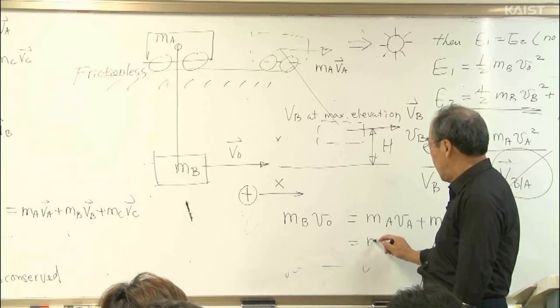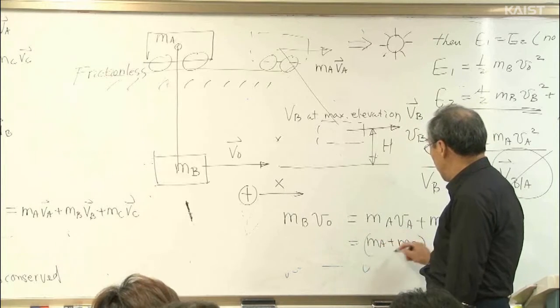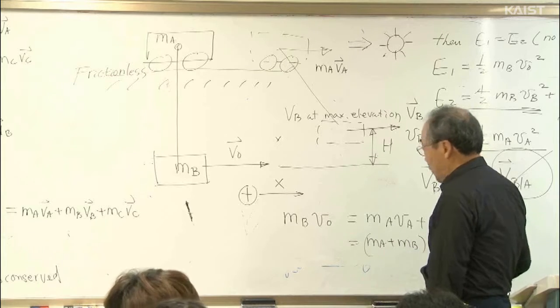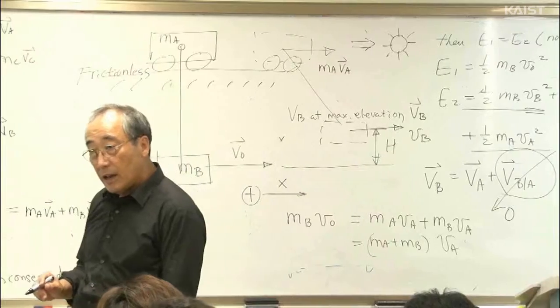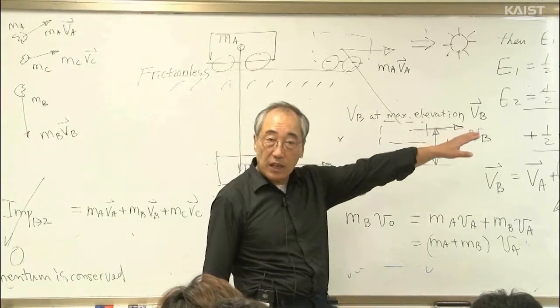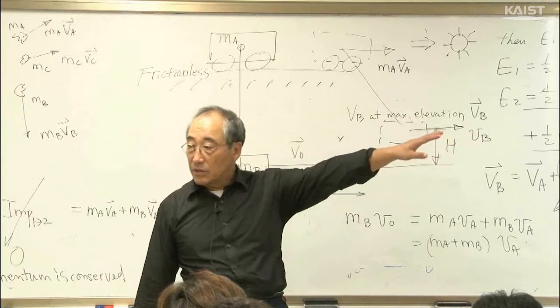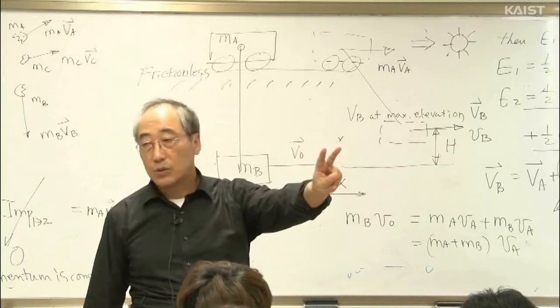That is ma plus mb VA. Therefore, from this equation, we can calculate VA. And then using the first equation, we can calculate maximum elevation because we have 2 equations and 2 unknowns.